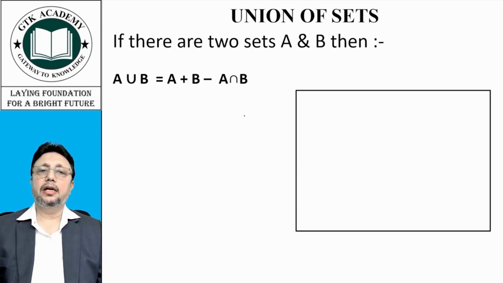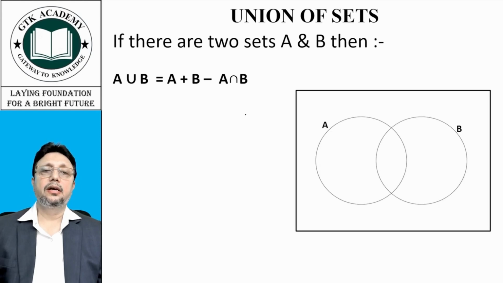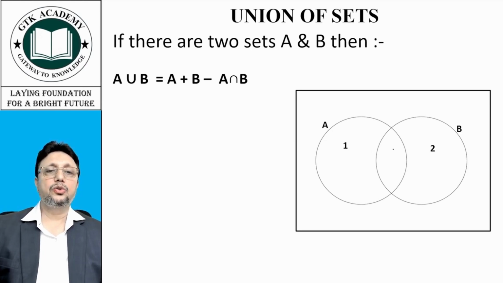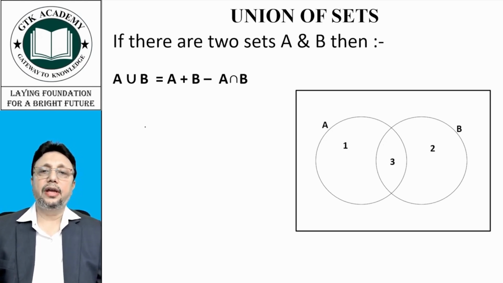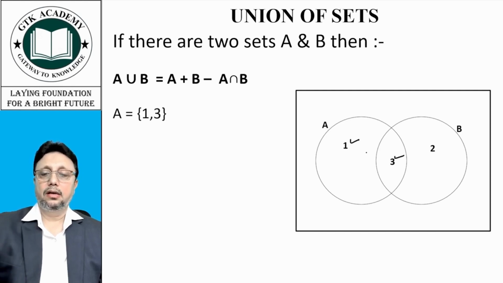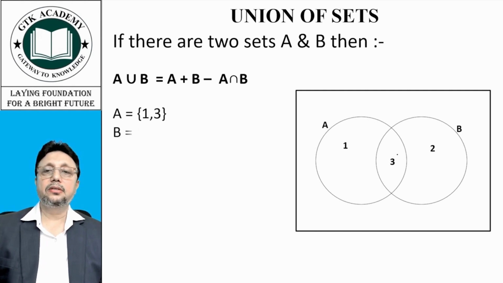Let me explain it by Venn diagram. This is your set A, this is your set B. So say this whole area is 1, the other area is 2, this third intersection is 3. Now set A is 1 and 3, set B is 3 and 2.